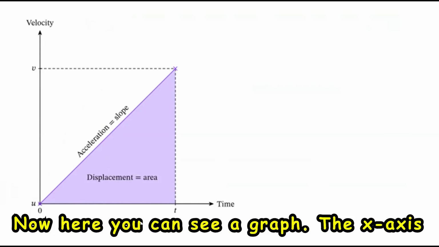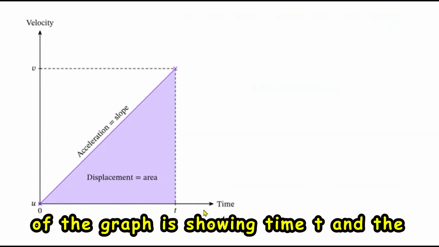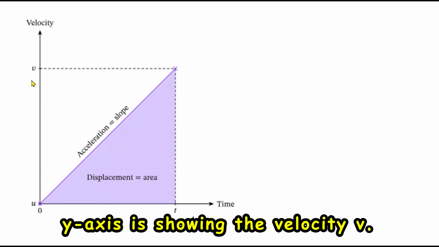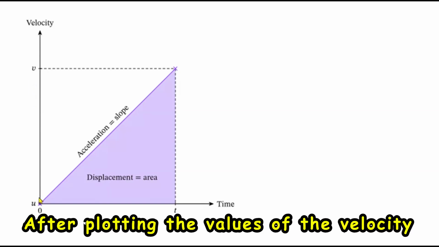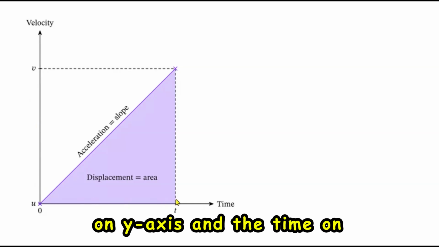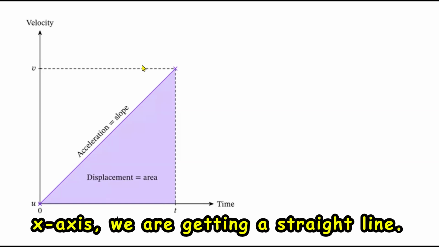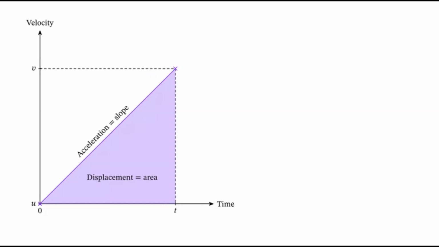Now here you can see a graph. The x-axis of the graph is showing time t and the y-axis is showing the velocity v. After plotting the values of the velocity on the y-axis and the time on the x-axis, we are getting a straight line.